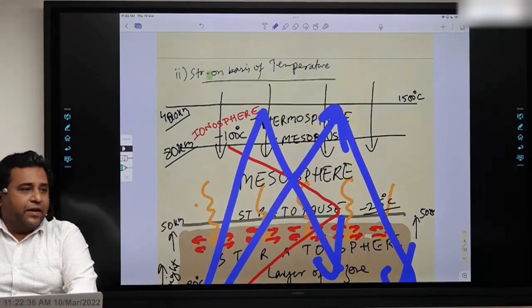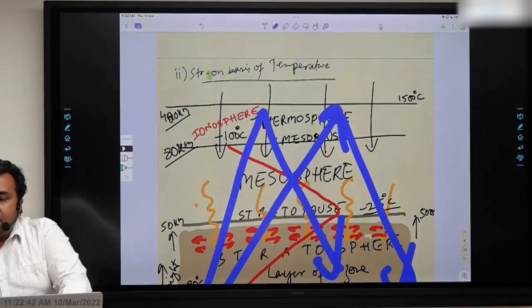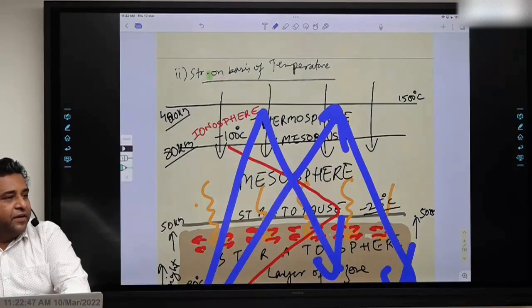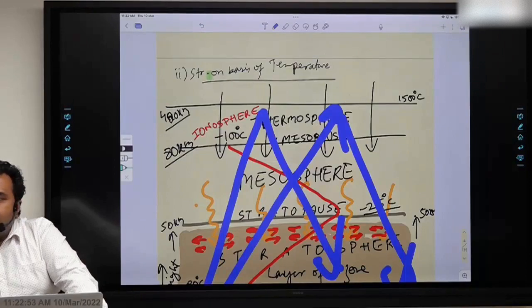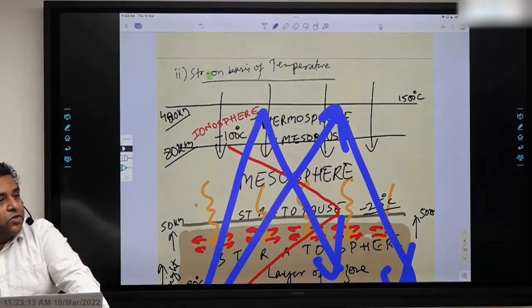Aurora is created in the ionosphere due to the cumulative effect. I'm simplifying and giving you, okay? Due to the cumulative effect of interaction of the ionized particles to solar charged particles.